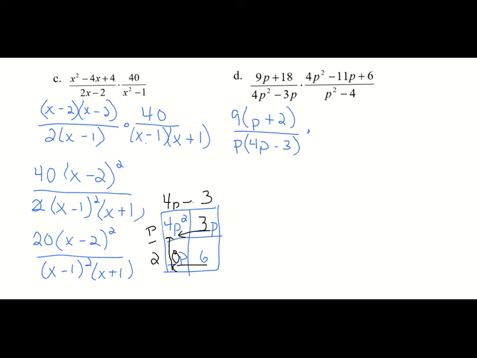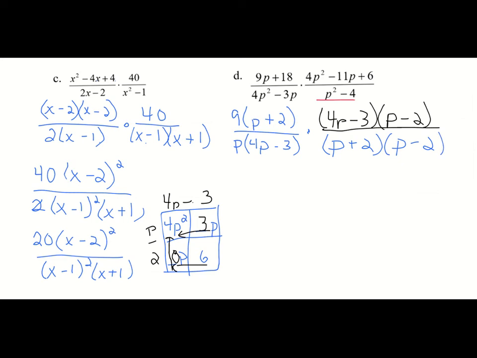So that top is going to factor as (4p minus 3) times (p minus 2). And then on the bottom here, we have p squared minus 4. Difference of perfect squares there, so it's going to factor as (p plus 2)(p minus 2).